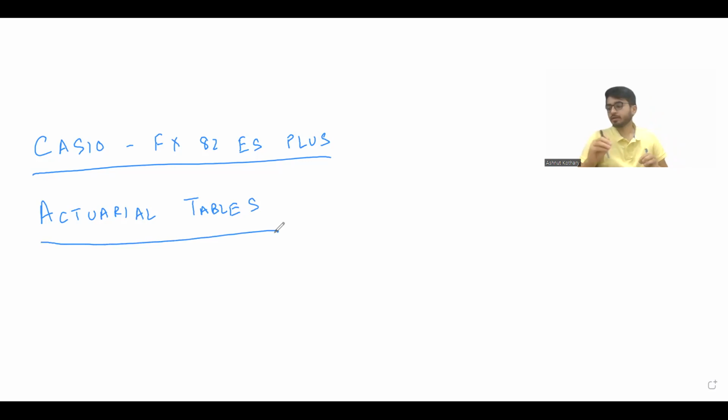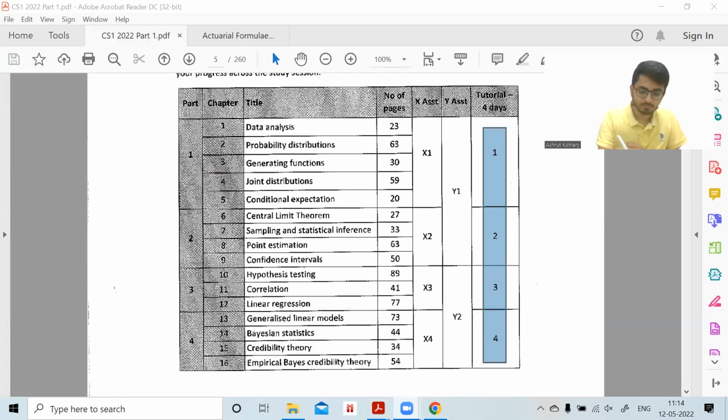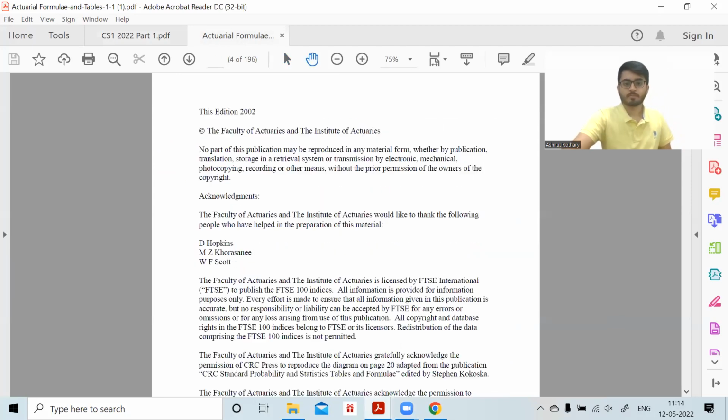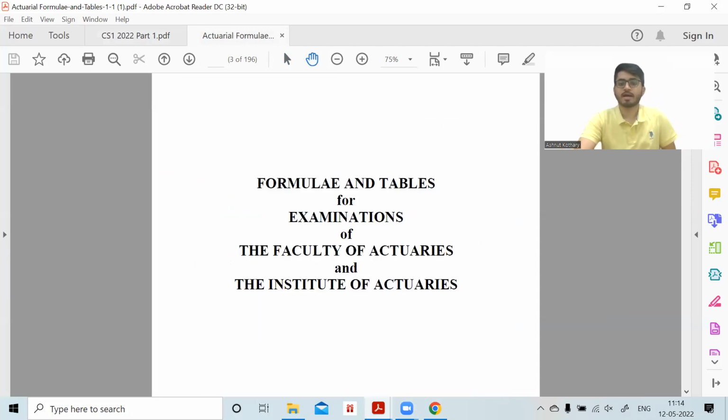Note that there is a tables functionality in the calculator, which is different. This is basically the actuarial tables. Let me give you a quick look at that. So this is basically the actuarial tables.